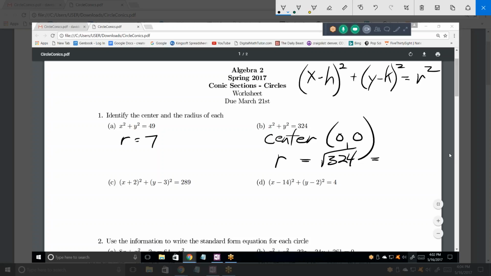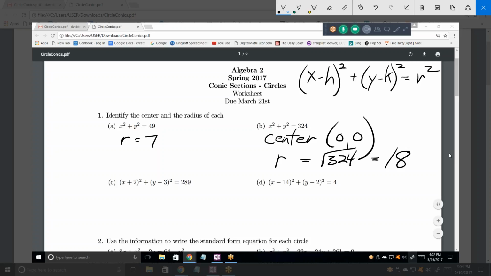Yeah, you should have your calculator handy. Guessing 18, maybe? I'm guessing based strictly on the last digit. If I squared 18, the last digit's going to be 4. Yeah, it's 18. All right.